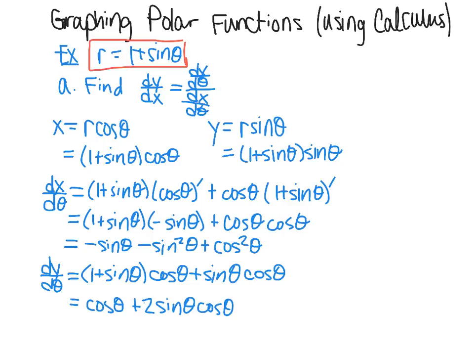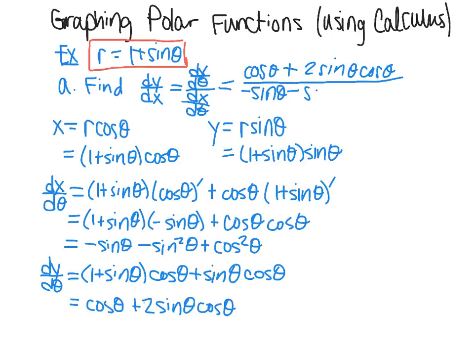So if we're finding our derivative like we did, up top we have cosine theta plus 2 sine theta cosine theta, all over what we got for our dx/d theta, which was minus sine theta minus sine squared theta plus cosine squared theta.